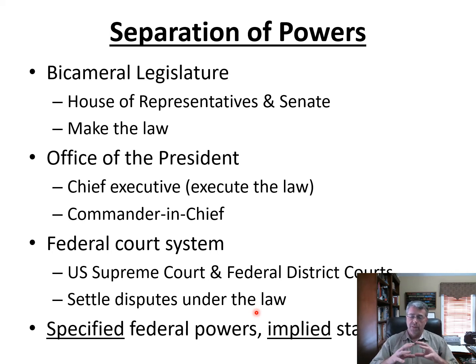And this was intentional. And this harkens back to the Enlightenment and John Locke's contract theory of government, specifically with republicanism, and how the powers of a government should be separated into multiple branches.